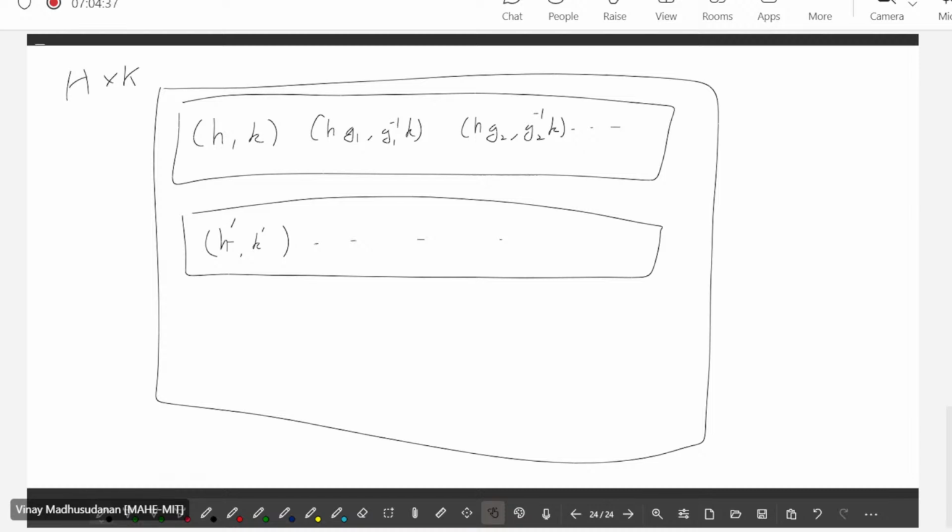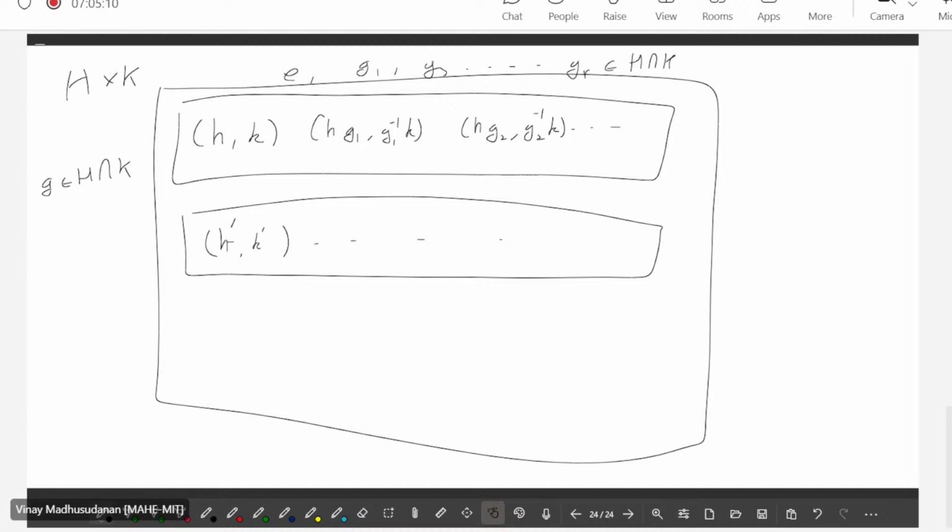So firstly, we determine that we need G in the intersection, then I can do this. So here G1, G2, etc. whatever are in the intersection. And of course E is also there, for I can write this itself as HE comma EK, right? Where E is there. So that also conforms to that. So now the question is, are these all distinct if I take distinct elements G i of H intersection K?